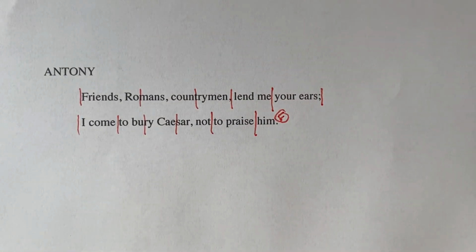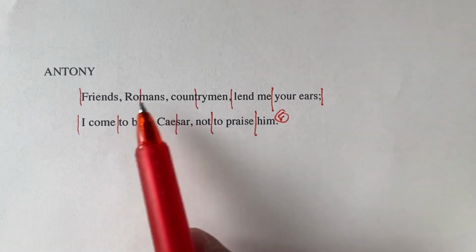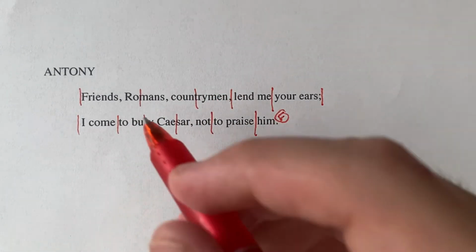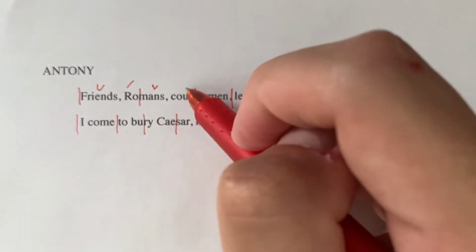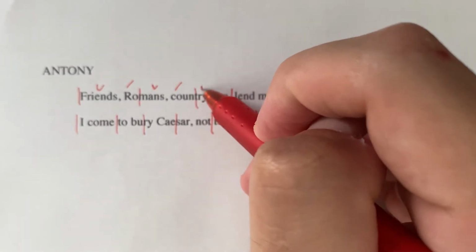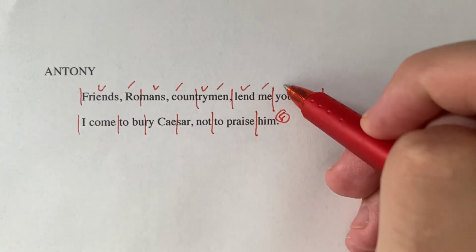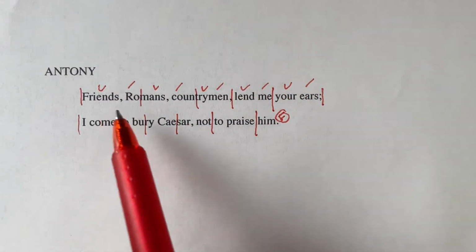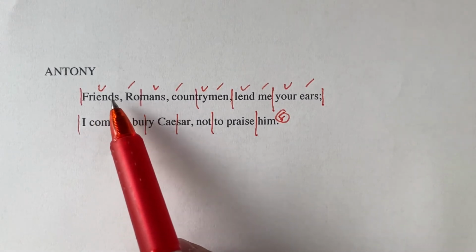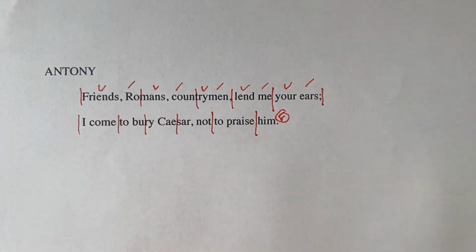Right, so let's scan out this first line. If we were to do this, we could go friends, Romans, countrymen, lend me your ears, and that works out fine. But we can make this first foot a spondee instead of an iamb.